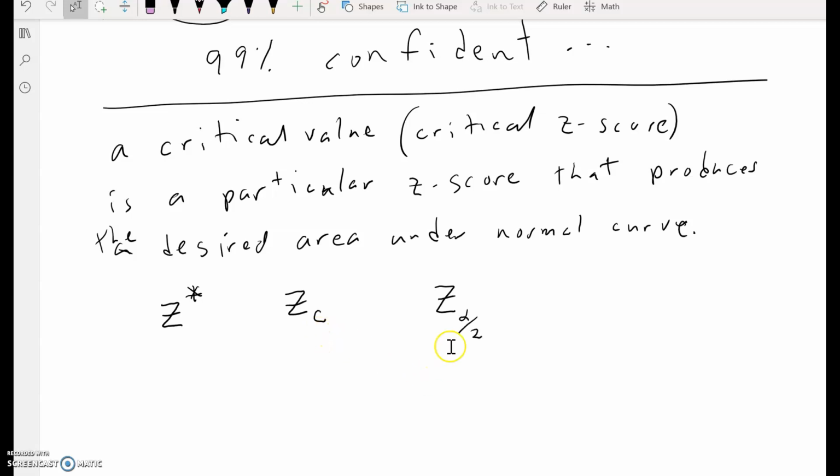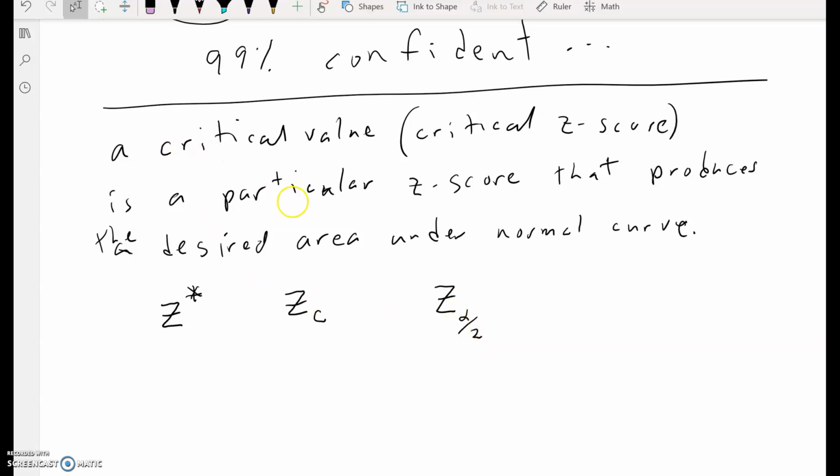In fact, the YouTuber that made one of the videos you'll see later uses this subscript, which just means critical value. It's kind of a weird way to say critical value, but I'll explain in a few minutes what that alpha over 2 really means.